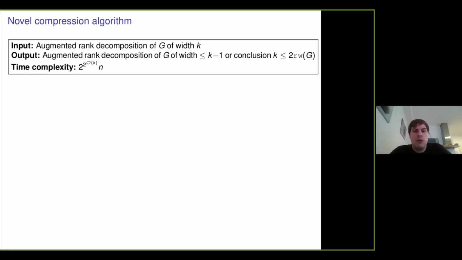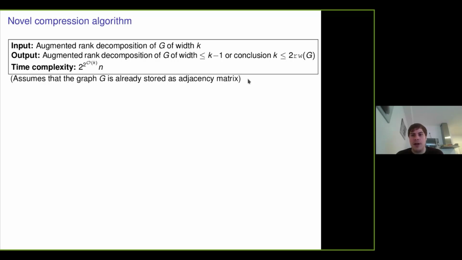We want to output either an augmented rank decomposition of width at most k minus 1, improving the width by 1, or conclude that the given decomposition was already a 2-approximation, which is also good. We want to do this in time double exponential in k and linear in n. Of course, here we assume that the graph G is already stored as an adjacency matrix, because otherwise we wouldn't have time to even read the input.